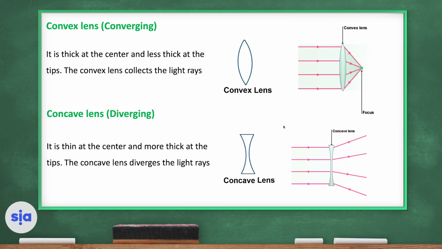The concave lens is a diverging one, and it is thicker at the tips than the center, and it diverges the light rays, so it separates them away. The convex lens is collecting the light rays at what is called a focus, and the concave lens is separating or diverging the light away from each other.